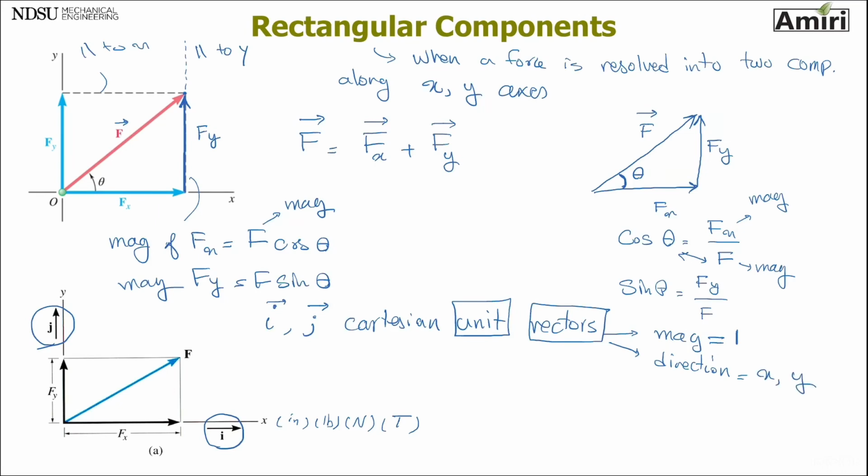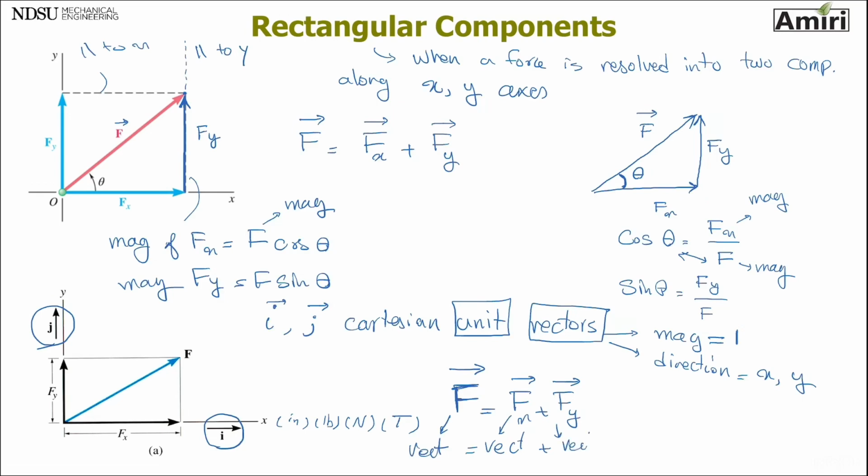So we're going to use this to have a better notation for writing vector f. So vector f is fx plus fy. This is a vector. This is a vector.